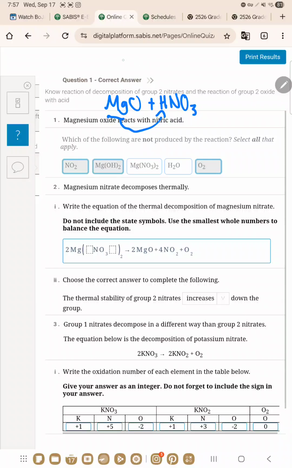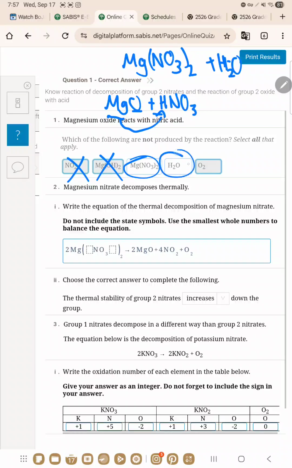So we're gonna get Mg(NO3)2, and there you need to add 2. What's gonna be left? We have O and H. Whenever you see O and H, you know it's gonna form H2O, which is water. Just memorize. So it's not gonna form NO2 nor MgOH. It's gonna form this and this. So we can select the ones that it is not going to produce.